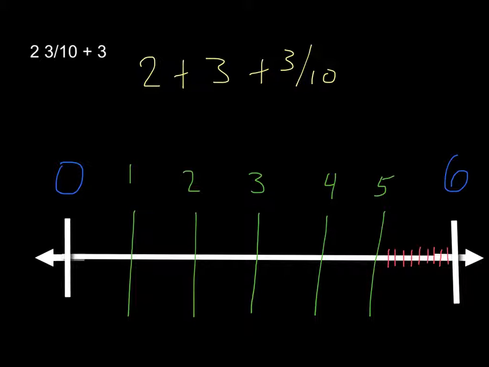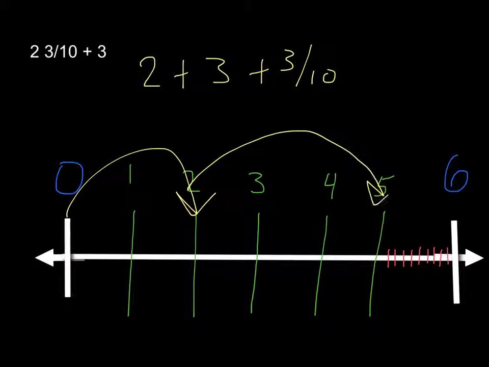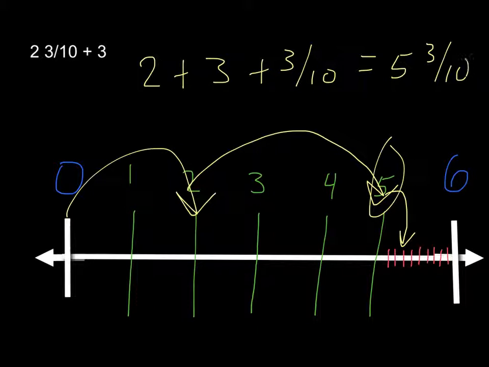And so I'm going from 0 to 2, and then I'm adding 3 more. 2 plus 3 is 5, and then I'm adding 3/10. So that when I solve this, I can see that my closest whole number is 5 and then I'm adding 3/10. So my solution is 5 3/10.